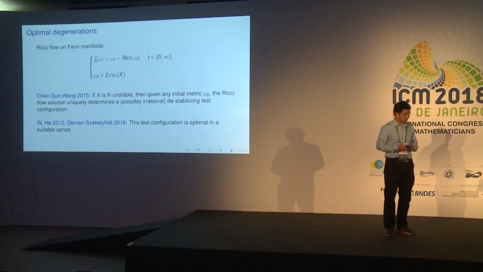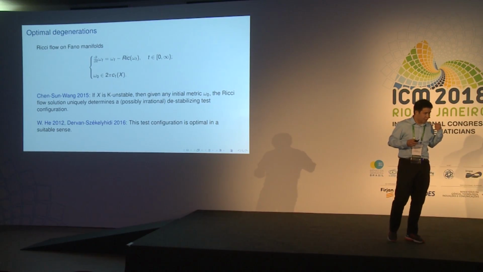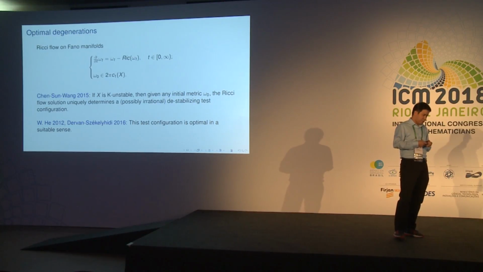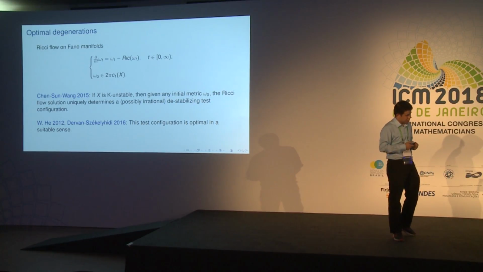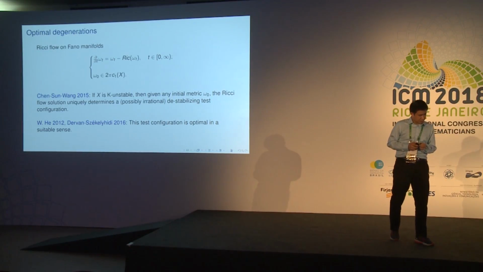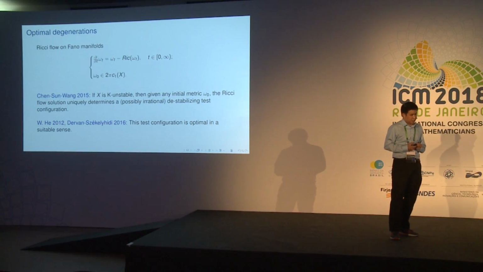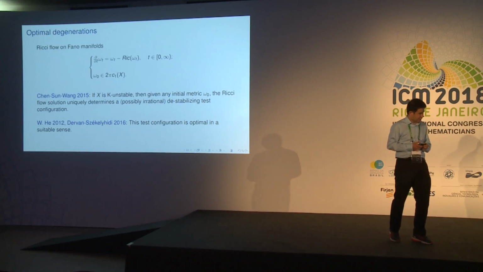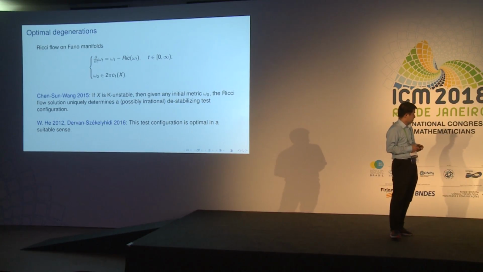It doesn't matter what Ricci flow is. The point is that when you have a Kähler-Einstein metric, the Ricci flow has to converge to a Kähler-Einstein metric. But when it's K-unstable, this Ricci flow solution gives you a canonically determined destabilizing test configuration, which in general might be irrational. And this test configuration is optimal in a suitable sense.